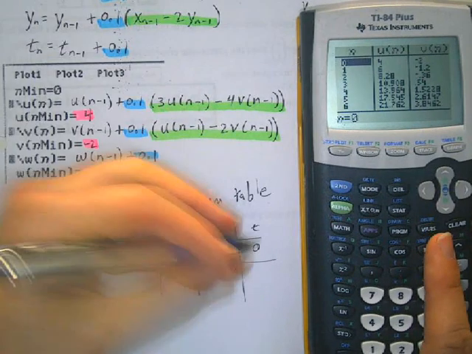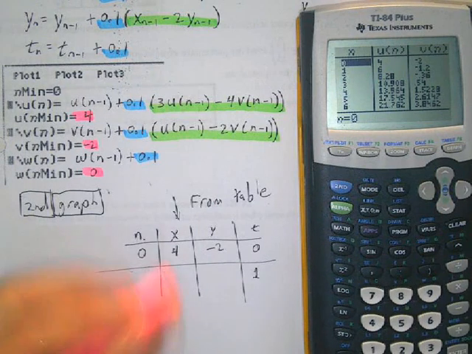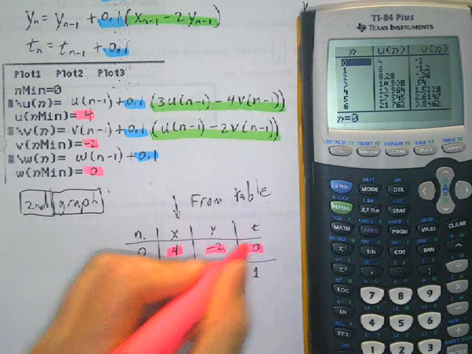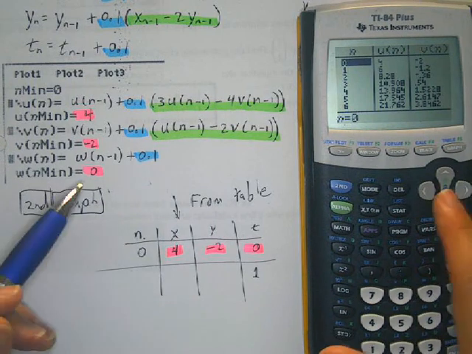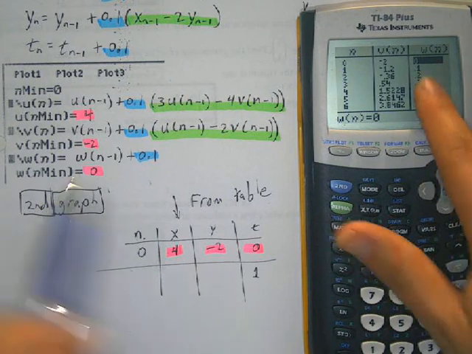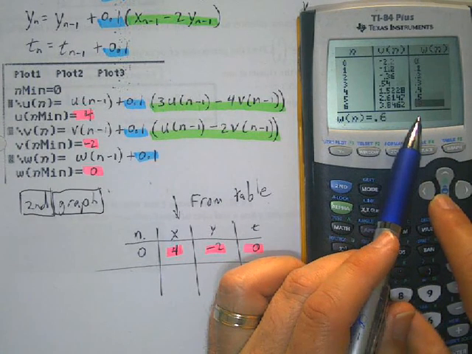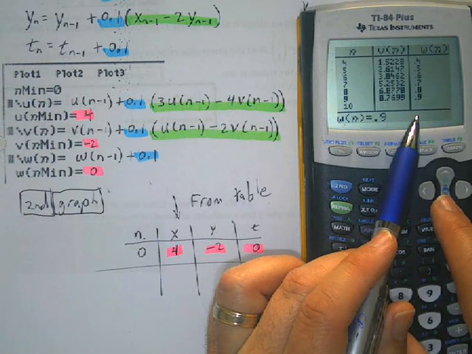So when our t value is 1, these were the original ones we plugged in, and we're looking at the table. So now I'm going to hit the arrow a couple times. Okay, so now I want the t value to be 1, so I'm going to arrow down until I get to 1.